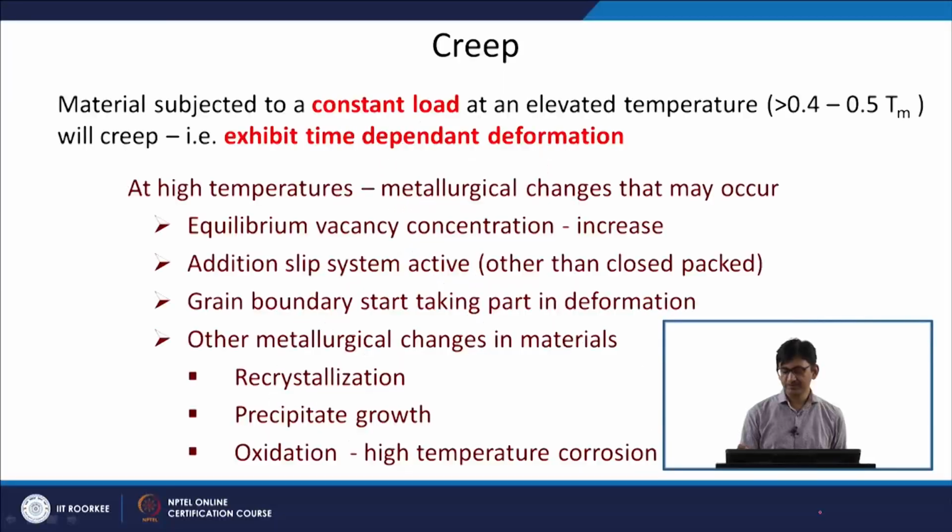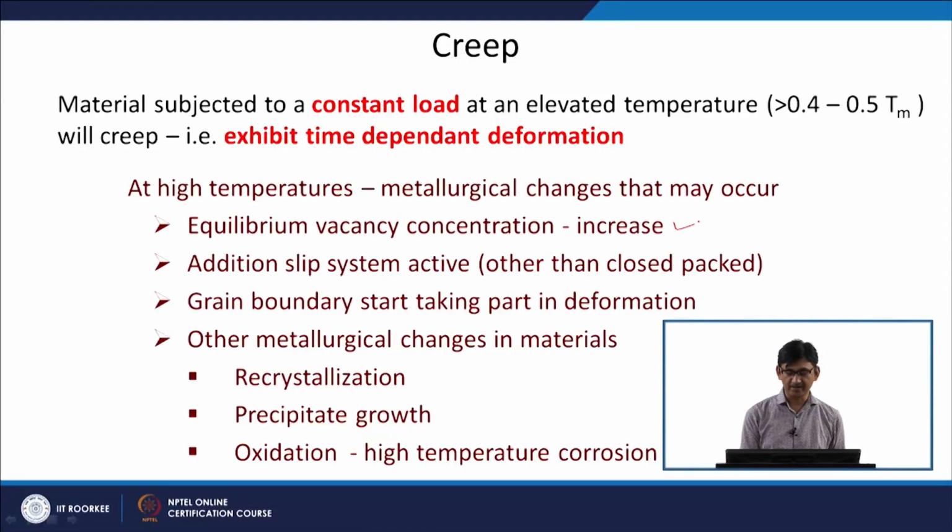Elevated temperature is around any temperature above 0.4 or 0.5 of the melting point of that material. So, under a constant load at these temperatures, a material usually shows a time dependent deformation. As a function of time, the material will deform.